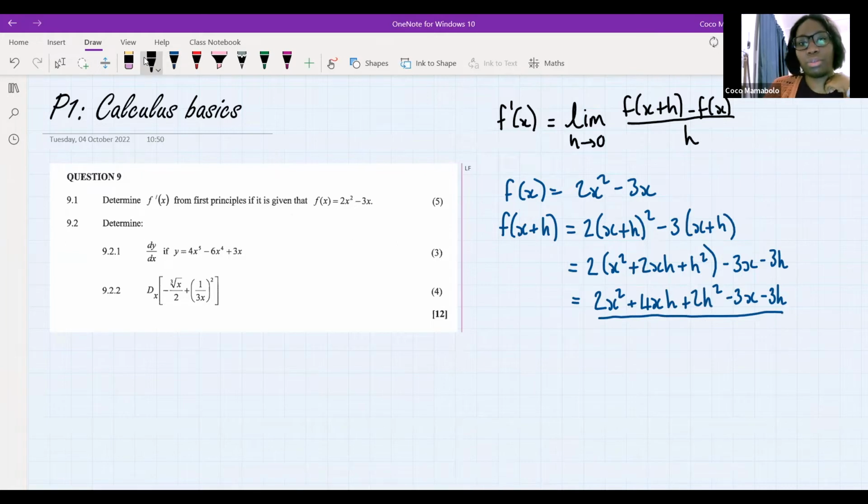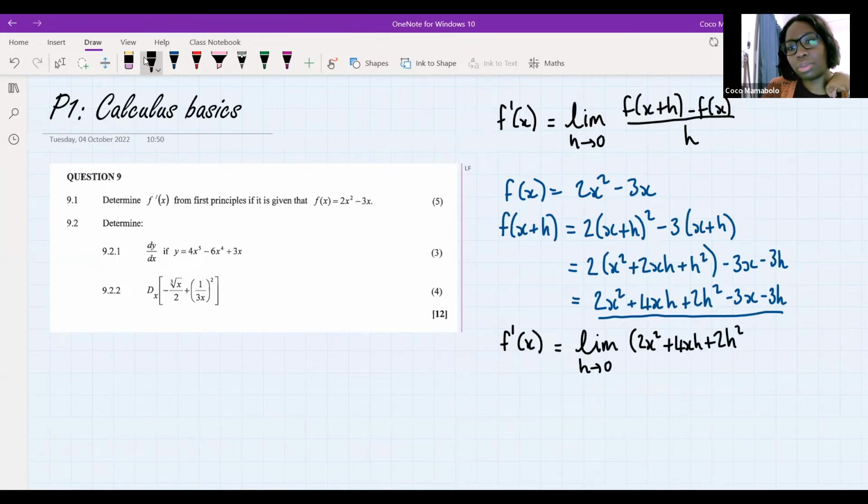All right, so the limit as h approaches 0 of, I'm going to put it in brackets quickly, 2x squared plus 4xh plus 2h squared minus 3x minus 3h, and I'm going to run out of space again.